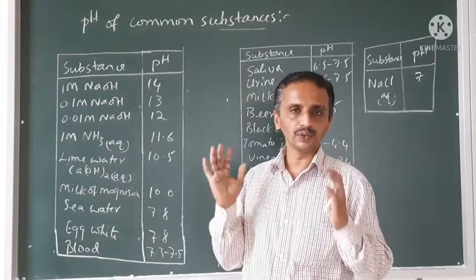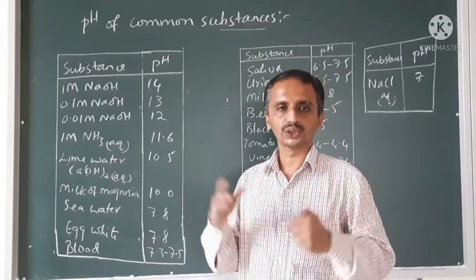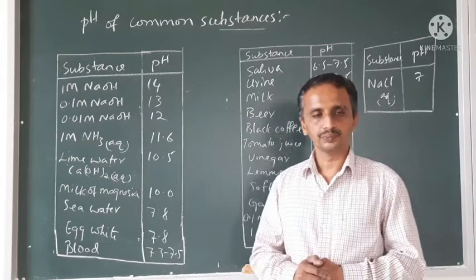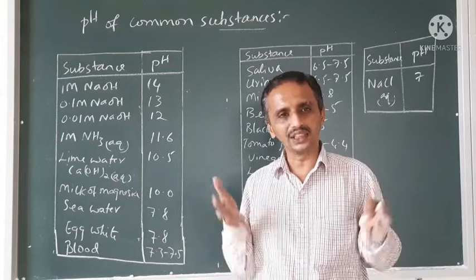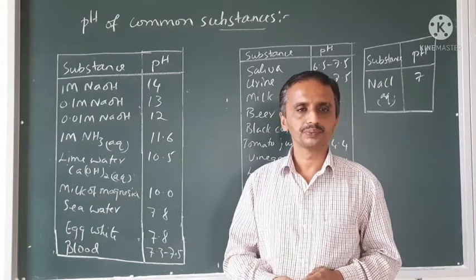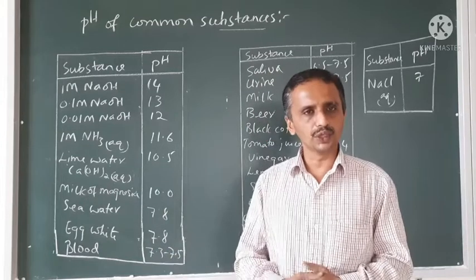See, in the previous video, I worked out certain problems on pH, pOH. Then, when an acid is mixed with another acid, how to calculate the pH. When the acid is mixed with the base, what is the new pH?